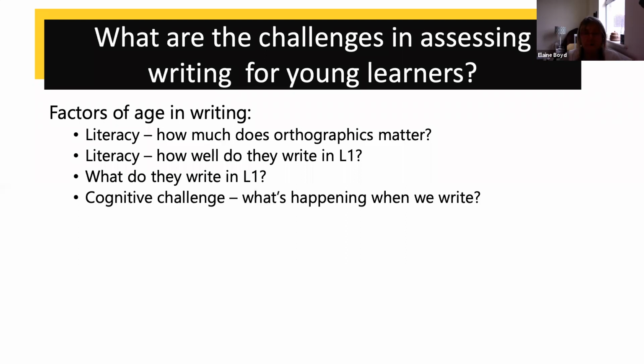And then finally, something we explored a bit more in the first session, the autumn session, was the cognitive challenges and thinking about what's going on in our head when we write. And it's actually really complicated, isn't it? We have to know our reason for writing, why we're writing, what message we're trying to get across. We have to remember what kind of words or sentences might go in that writing.